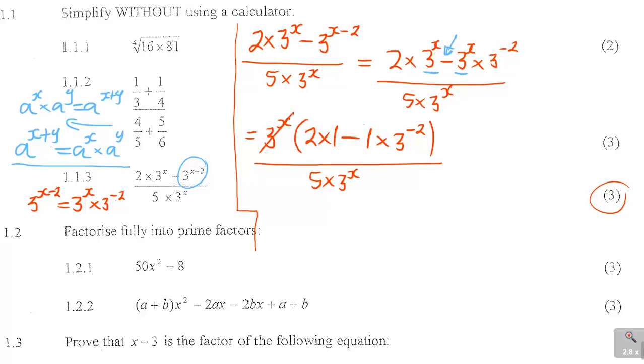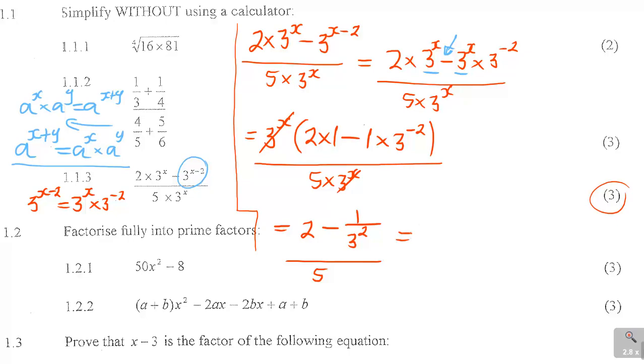So that is the reason why I was taking it out, so that I can cancel it. And when I do that, I've got 2 times 1 is 2 minus, now it's negative 1 times 3 to the power negative 2. Now to get rid of that negative, remember you introduce a fraction, which is 1 over 3 squared, then all over 5, and then you continue.